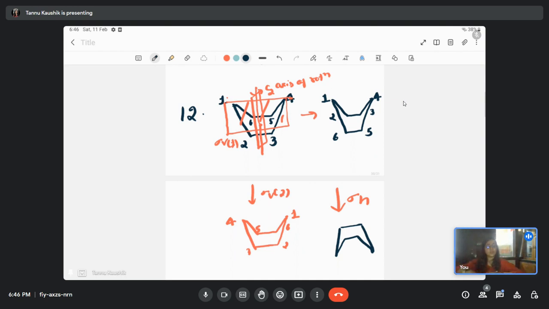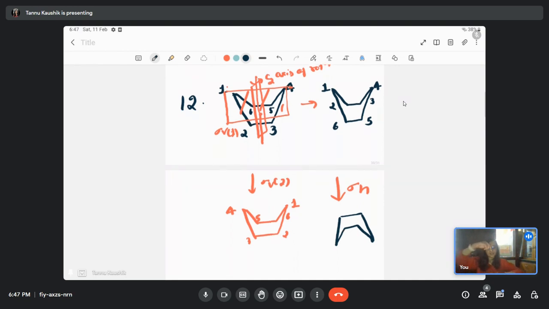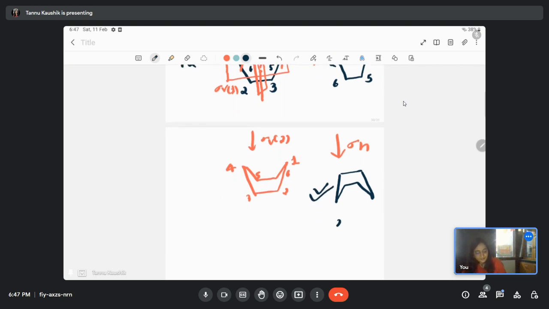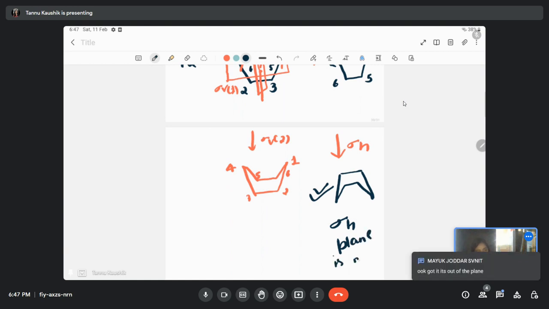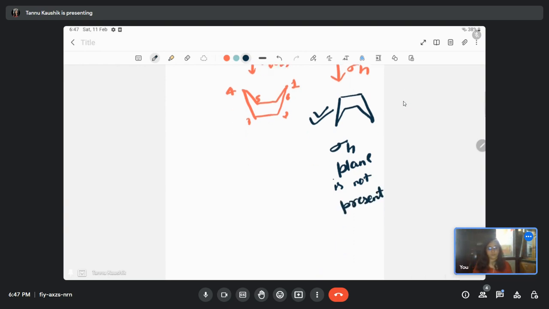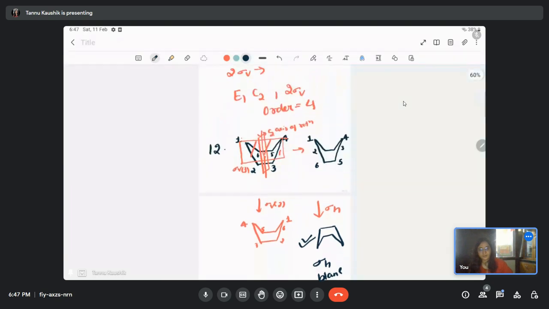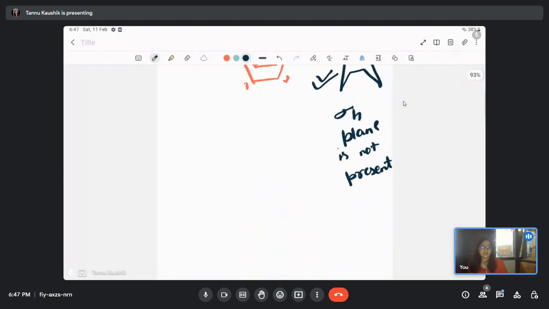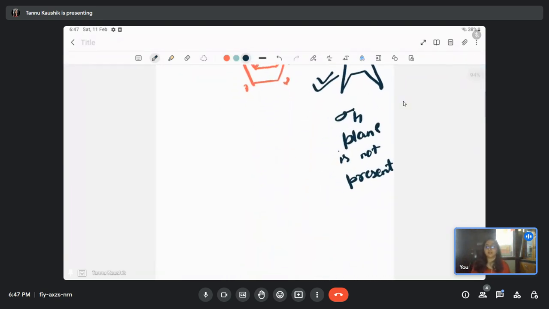If this is the C2 axis passing through the center, and you invert it perpendicular to the plane, then we get an inverted geometry, which is presented here. So we don't have a sigma h plane here. Okay. So these were the doubts, and is there anything else you want to ask?